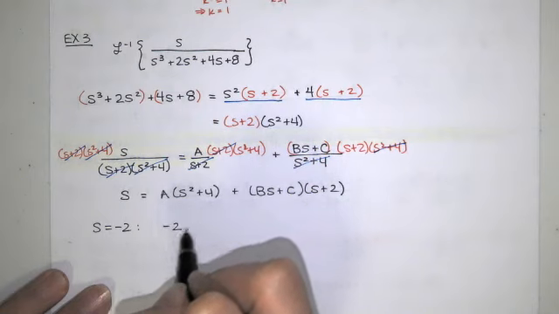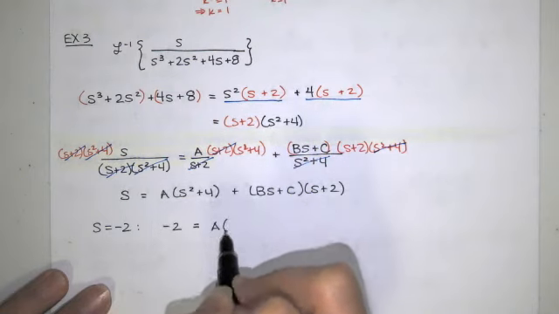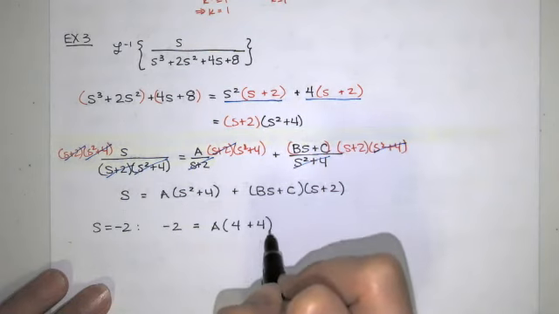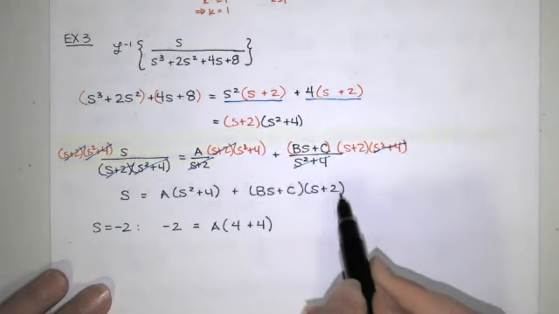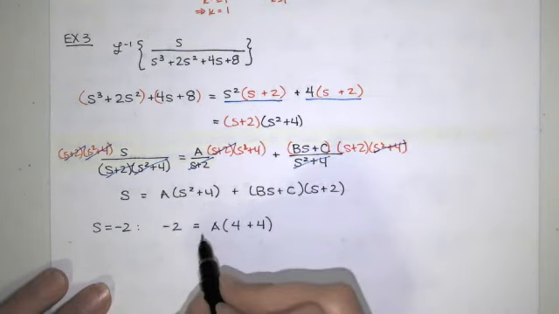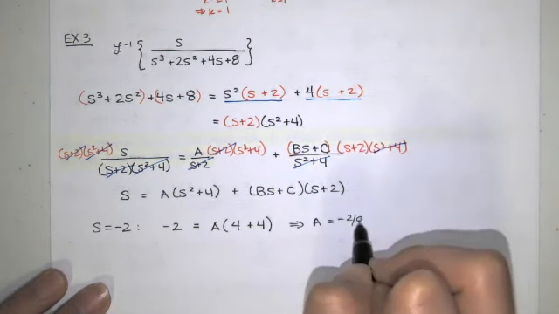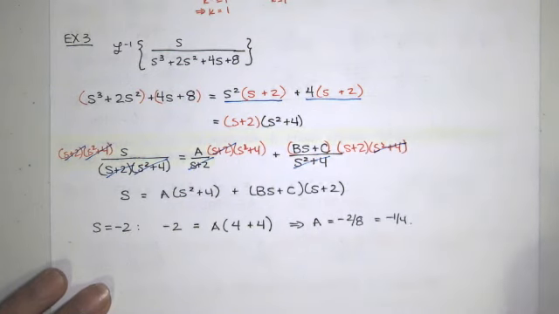Then I'll have -2 on the left-hand side equals A times -2 squared, which is 4, plus 4. And then if s is equal to -2, this is 0, and so that term is gone. And so I've got 8A equals -2, so A equals -2 over 8, which is -1/4.